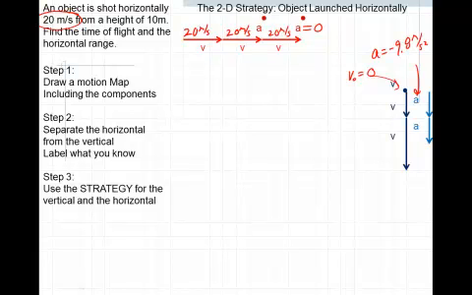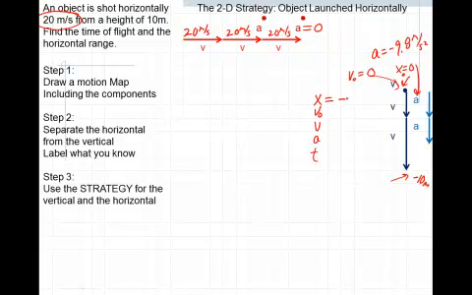As we use this strategy in the vertical and horizontal, we remember that we have to write out, let's use our strategy first in the vertical, x, v initial, v, a, and t. For x, if we're going to consider the final position down here to be our final position, and if this is vertically my initial position of 0, then my final position, since it's beneath it, is going to be negative 10 meters.